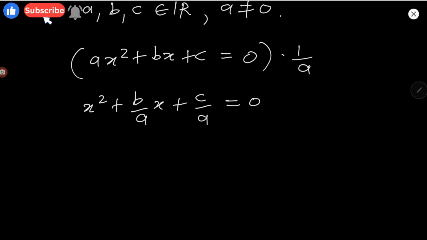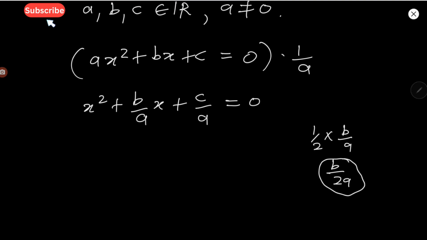So at this stage now, the next thing to do is to look at the coefficient of x. So the rule says we take half of the coefficient of x, which is b over a, meaning we multiply by b over a, and then we're going to have b over 2a. So this b over 2a is what we are going to work with, and we are going to take the square of this quantity and add to both sides of the equation.